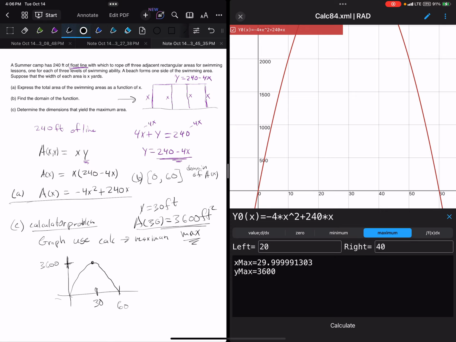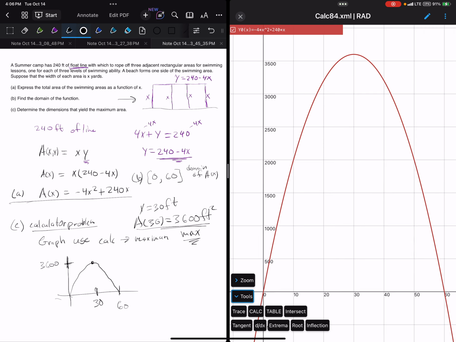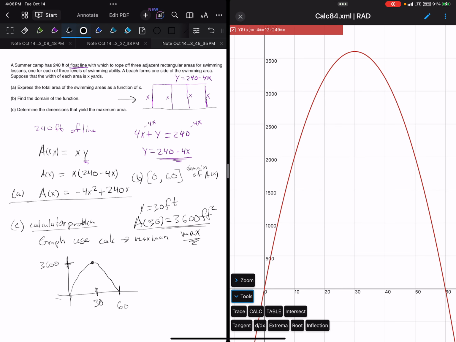Why do we care? The sarcastic of you are mumbling, well, I don't. But why should we care, or how is this useful? Maybe that's a better question. How is this useful? Well, what it does is it lets me, without going out and wasting pounds of water sweat out in the sun rearranging ropes, figure out what dimensions I should use for the materials that I have to get the largest area, which is actually very practically useful if you were in this situation setting this kind of thing up.